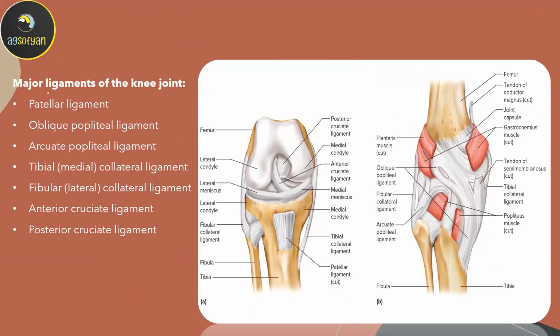The knee has more complex ligaments compared to the shoulder, the elbow, and also the hip. So this is actually a very strong type of joint.